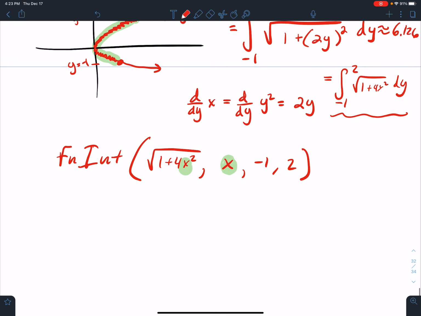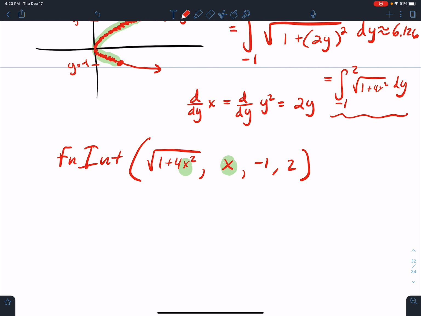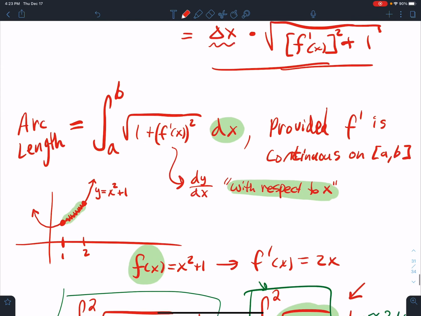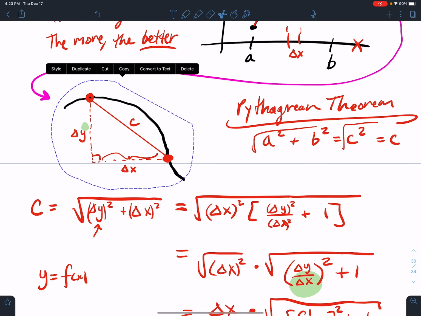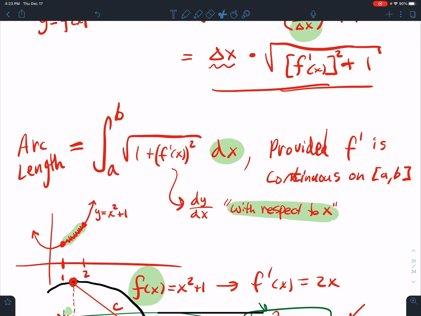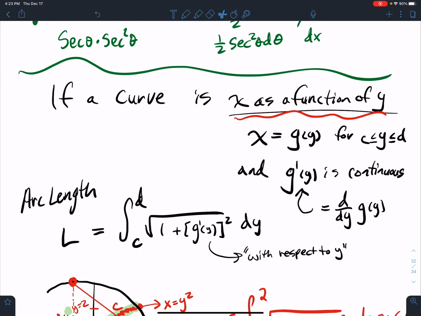Let me show you, for those that are interested, the proof behind why this is true. Let's go back to our picture. I'm going to use this picture to help me out here.